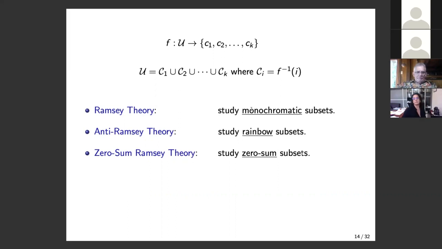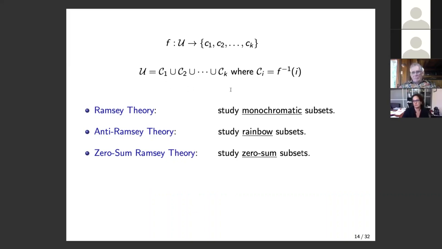So Ramsey theory studies the existence of monochromatic subsets, where you choose a substructure of the universe that you are interested in.